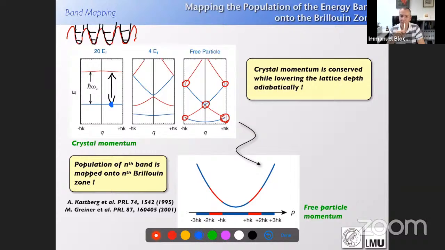What would you say happens to this particle in that specific state if you adiabatically lower the lattice depth? So we just go from this deep lattice to a shallower lattice. Eventually to a free particle case, but for now let's just make the lattice shallower and shallower. So what happens?